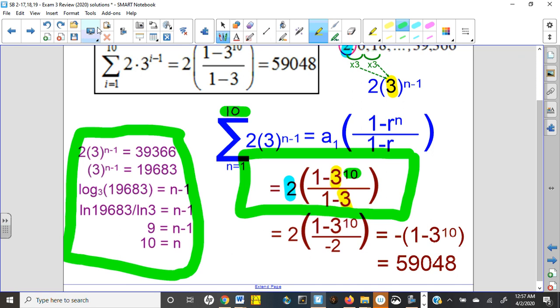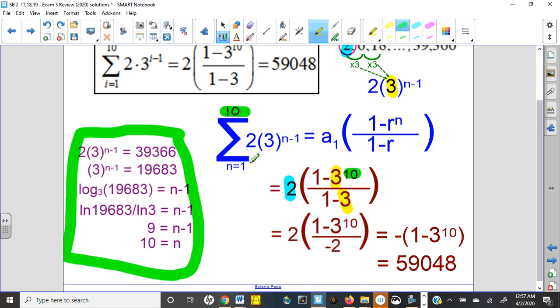If it was a negative common ratio, you do have to use parentheses sometimes. But 1 minus 3 on the bottom is pretty easy to simplify, and then the 2's cancel, right? So you just have that negative left over, and then you just have to do 1 minus 3 to the 10th, and then take the opposite sign of it. It works out pretty easily.